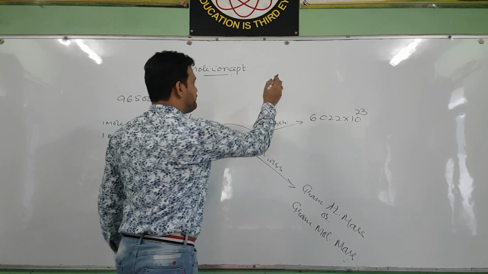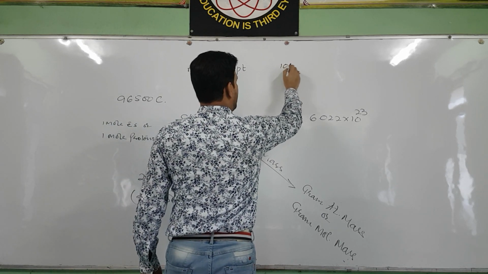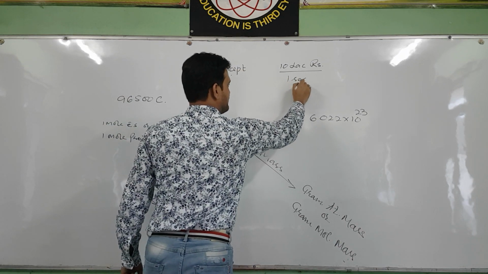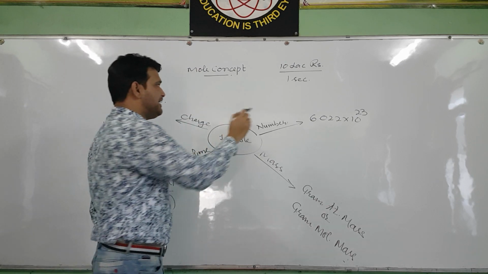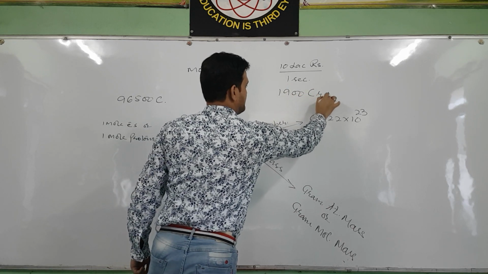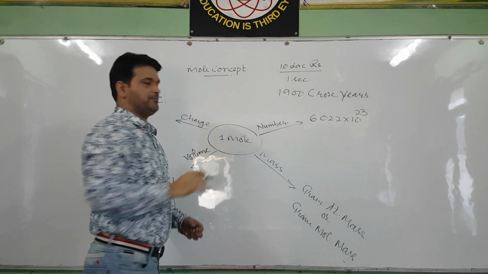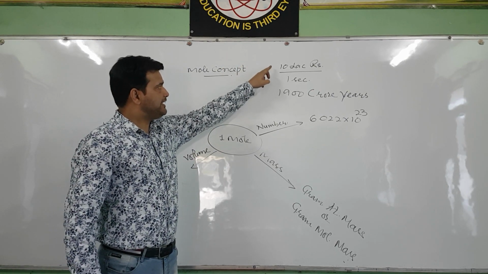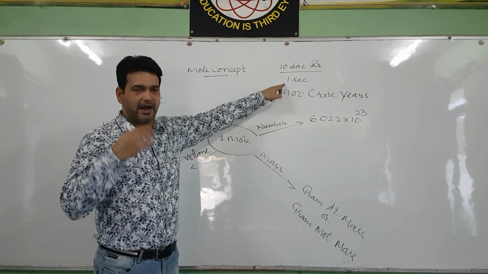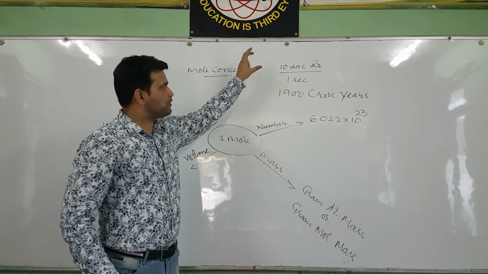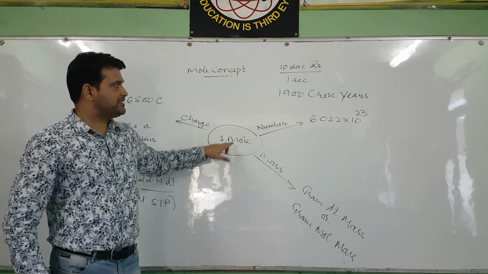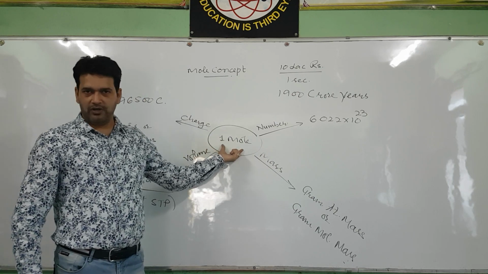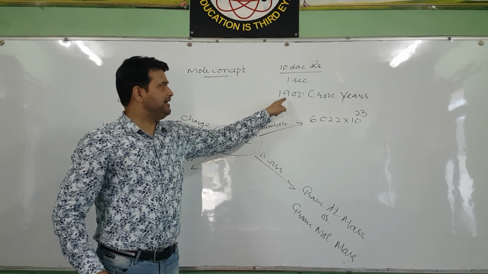According to a calculation, if we spend 10 lakh rupees in 1 second and keep on spending, then to completely consume 1 mole of rupees, we will require almost 1900 crore years.